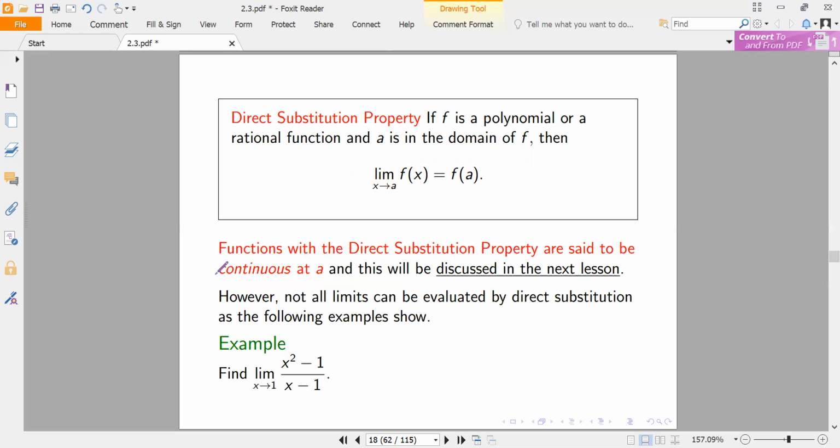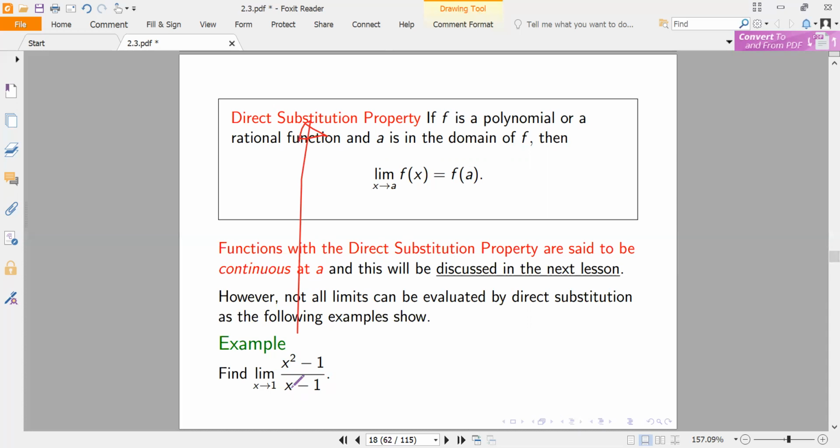Let's look at the next example. Here we have x squared minus 1 all over x minus 1. Please note that we have a rational function here. Though this is a rational function, we cannot use the direct substitution property, because 1 is not part of the domain.